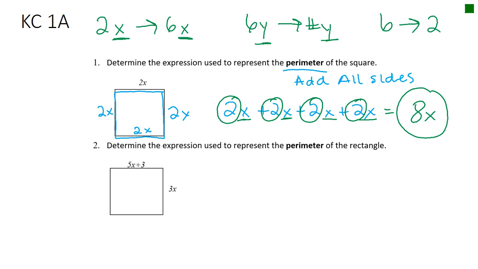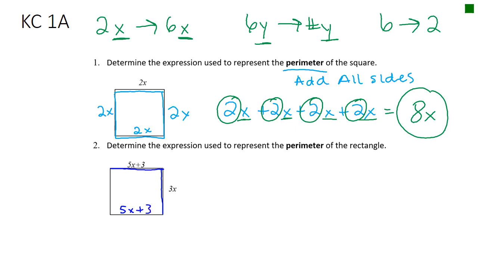All right, number 2 is the same thing, but just a little bit different, okay? We have to find the perimeter again, so we need to add all the sides. However, notice that they give you the top and the side, okay? So not all the sides are equal. That means that the top is 5x plus 3, so the bottom has to be 5x plus 3.